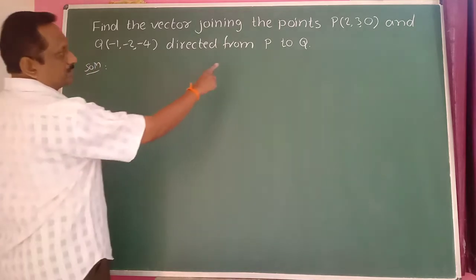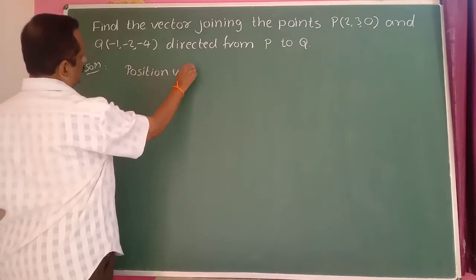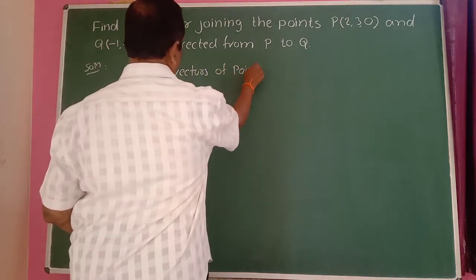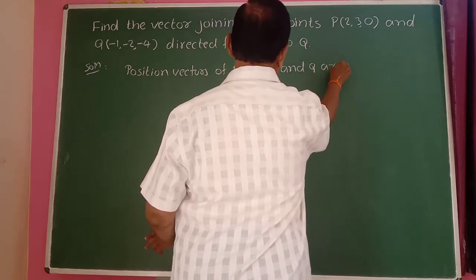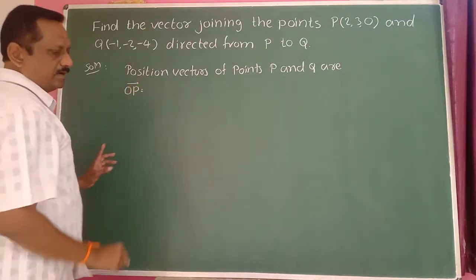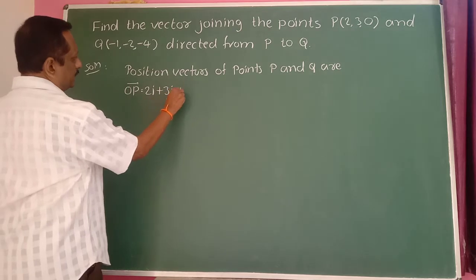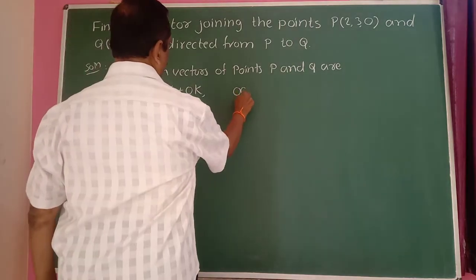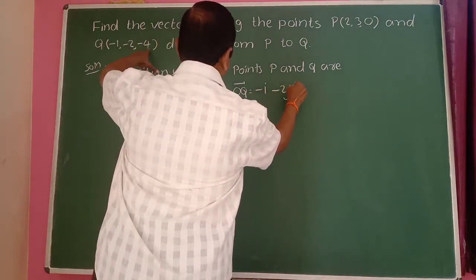In this case, the position vectors of the points P and Q are: OP bar is equal to 2i plus 3j plus 0k, and the position vector of the point Q, OQ, is given by minus i minus 2j minus 4k.